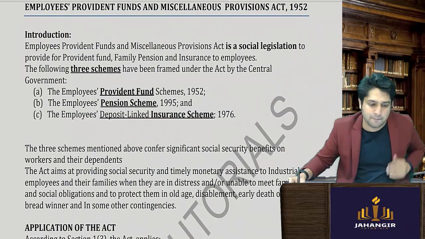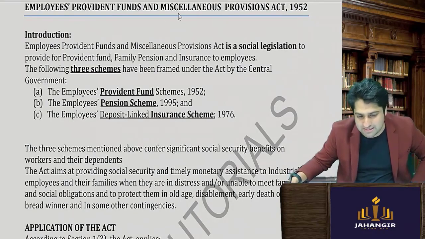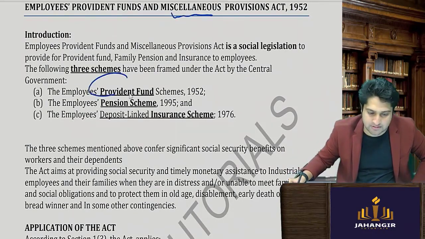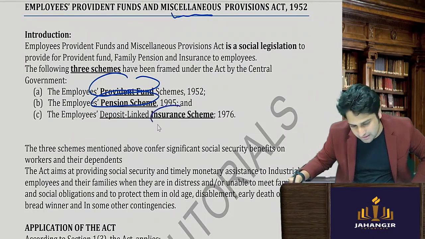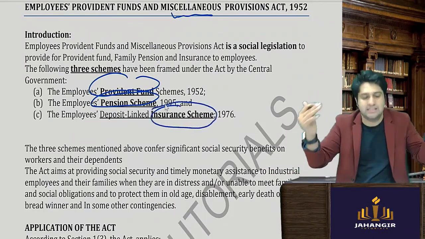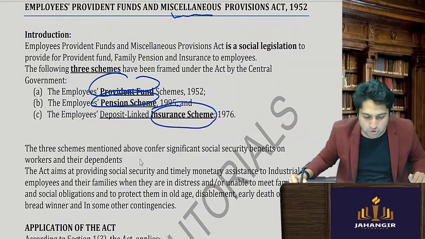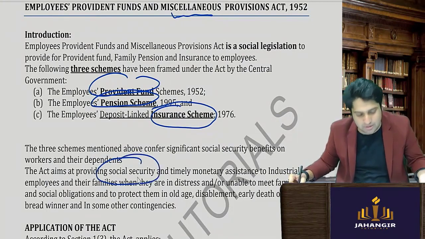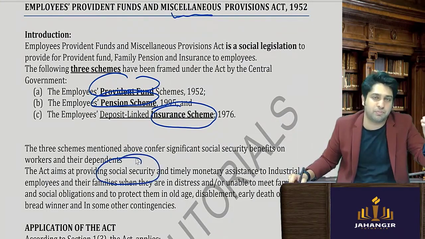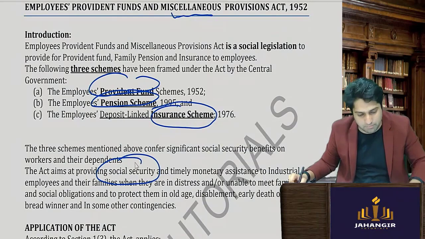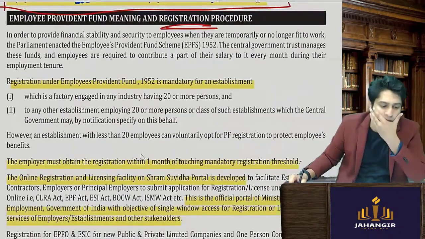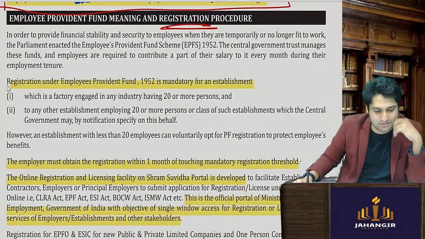It's a miscellaneous scheme, so it has the provident fund scheme, pension scheme and insurance scheme. Whatever comes, we will write that it's a social security legislation coming under the Ministry of Labor and Employment. Okay. Now registration is mandatory.